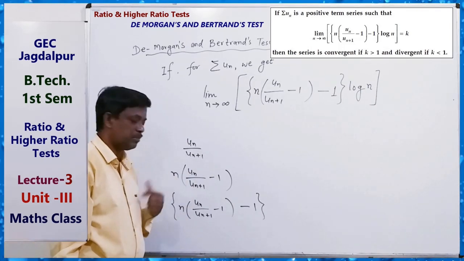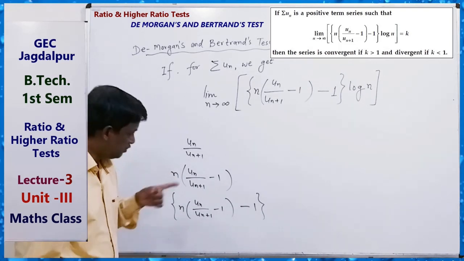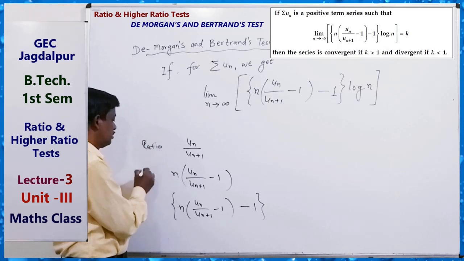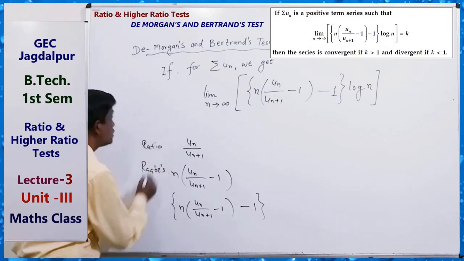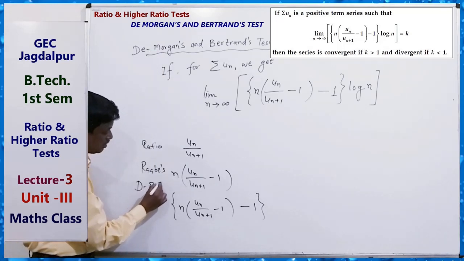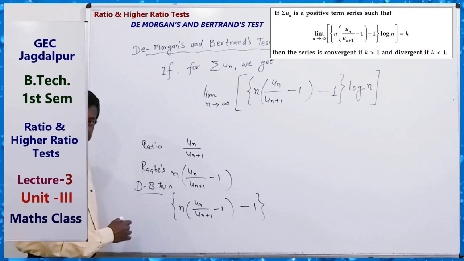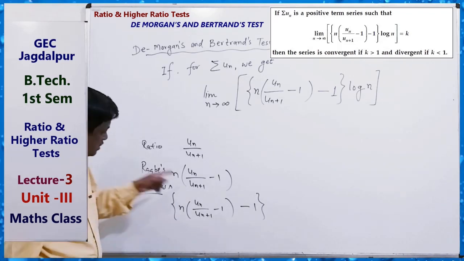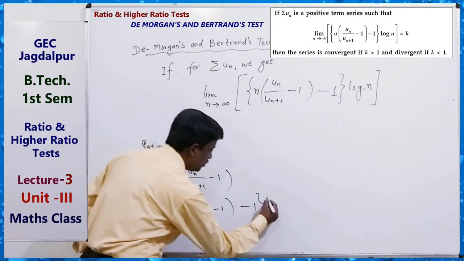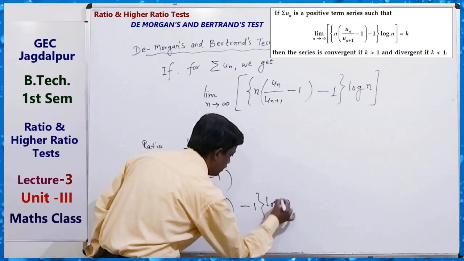Subtract 1 and multiply by n. And if this also fails, this is ratio, this is Raabe's, this is the De Morgan and Bertrand test. Again subtract from here minus 1 and then into log n.